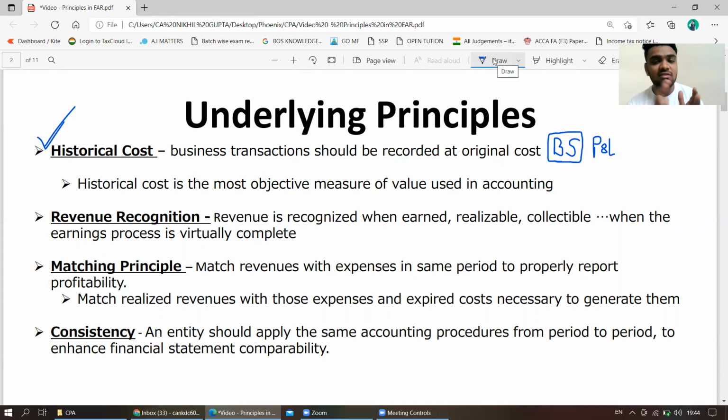Guys, when you purchase the asset in your business, what you will value, obviously the value would be what you have expended out of your pocket.